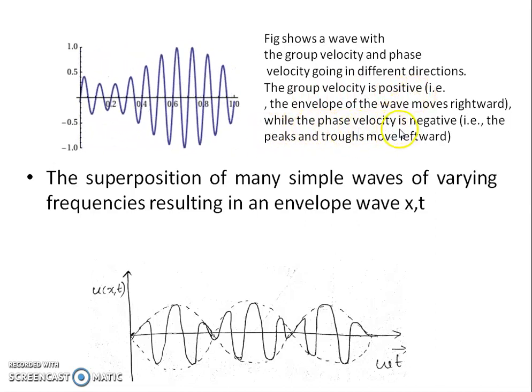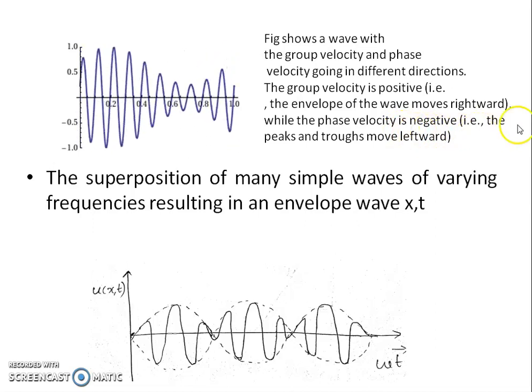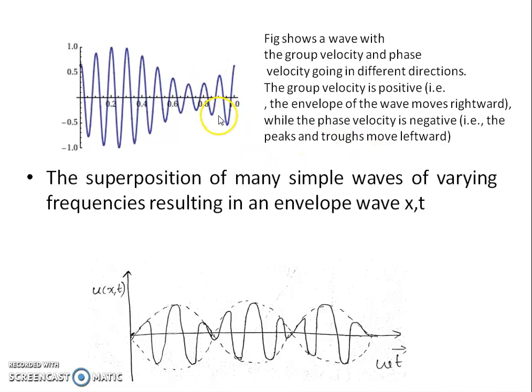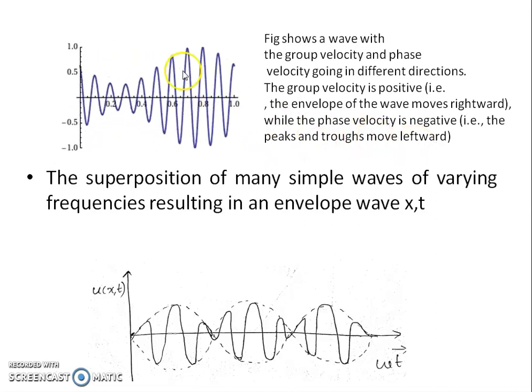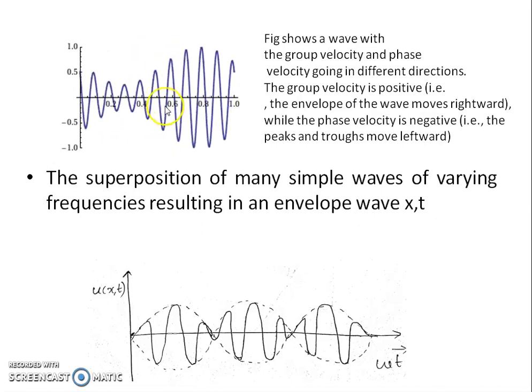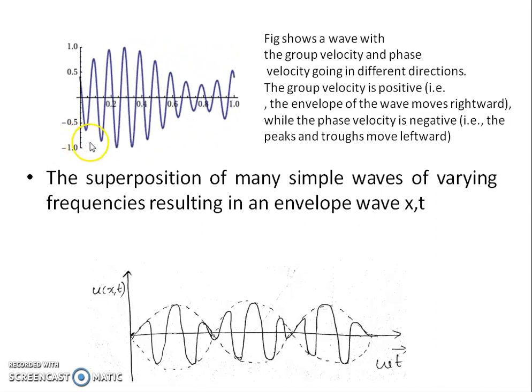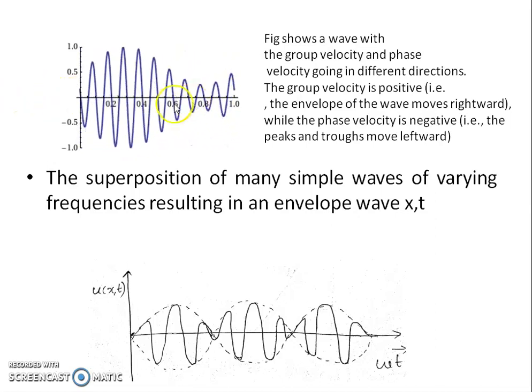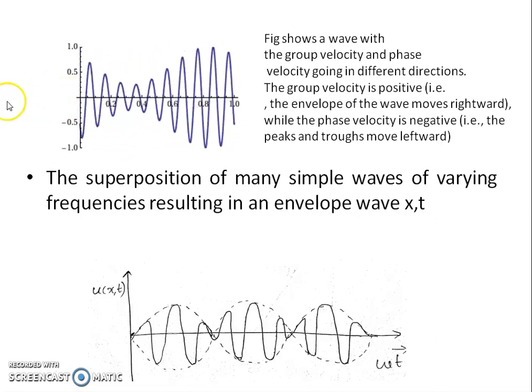While the phase velocity is negative, that is, the peaks and troughs, the lower parts, move leftward. By looking into this figure, we can see that the peaks and the lower parts are transmitting in this direction.